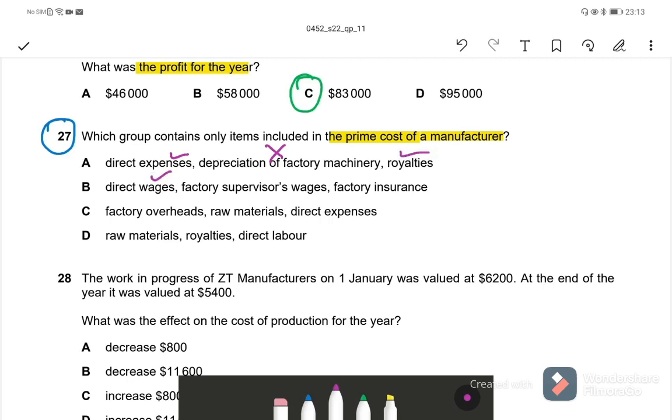Second, direct wages. Factory supervisor is not a direct expense. Factory insurance is not direct expense. Then third, factory overhead, not direct expense. Raw material, direct expense. Option D is raw material, royalties, direct labor. So all the direct expenses are called prime cost. So option D is the correct answer.